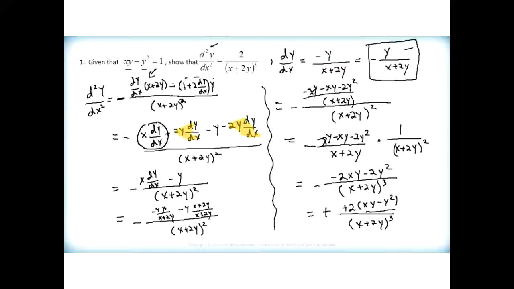And if I look all the way back at my original relation, oh my goodness, look at that. xy plus y squared is equal to 1, and I factored out that negative, and that's exactly what I have there, xy plus y squared. So that's all just 1, so this leaves me with just 2 over x plus 2y all cubed.